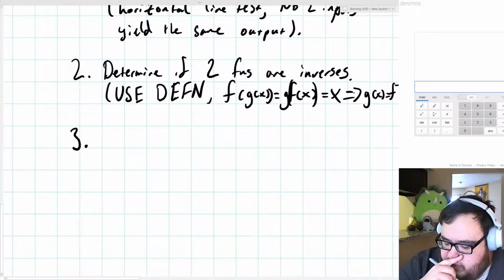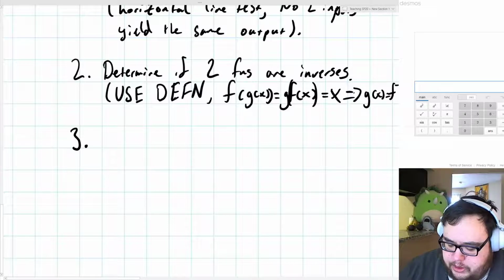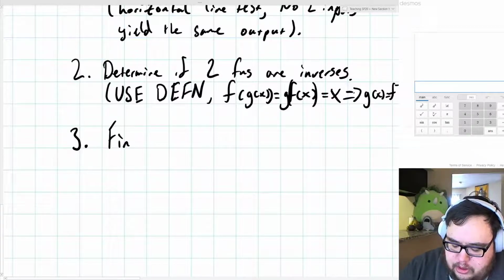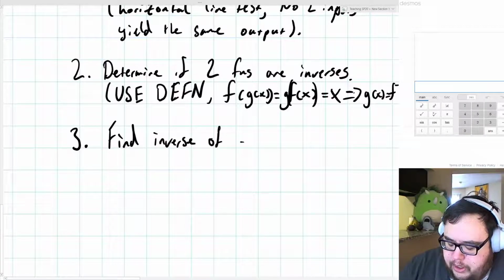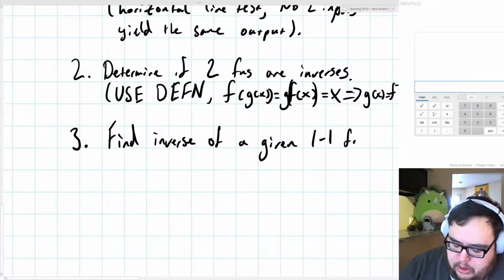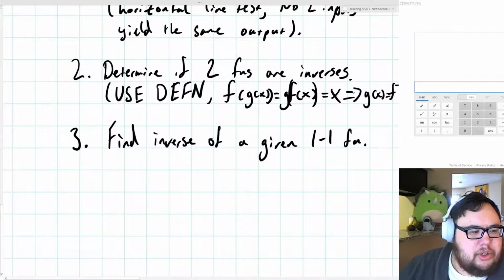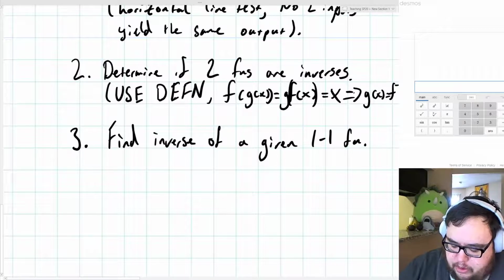And thirdly, for inverse and one-to-one functions, you'll need to be able to find the inverse of a given one-to-one function. We had like a 3 or 4 step process for that, right? This was basically swapping inputs and outputs.